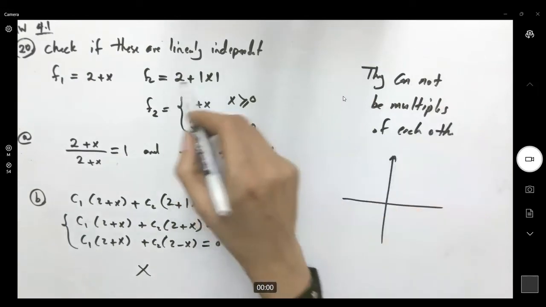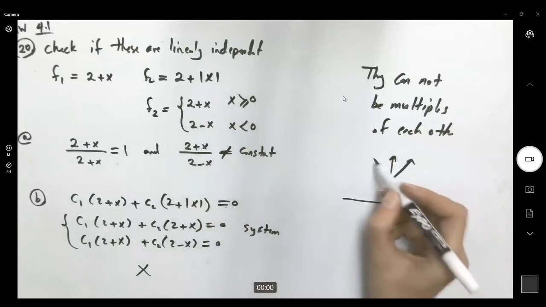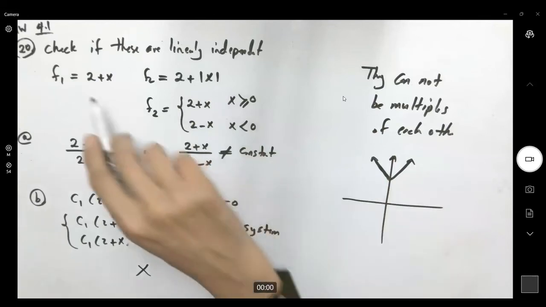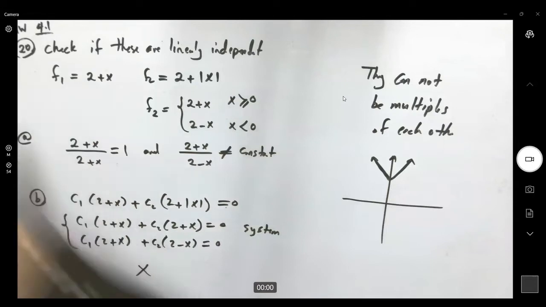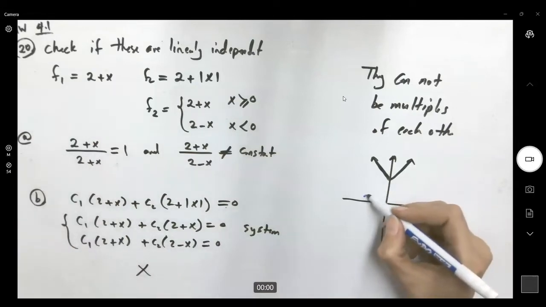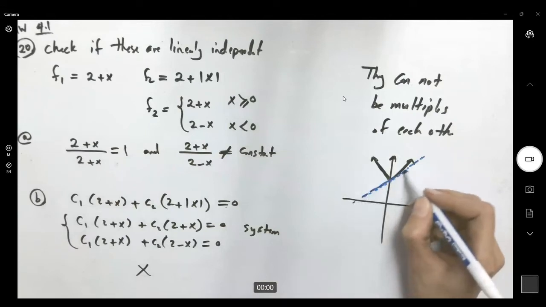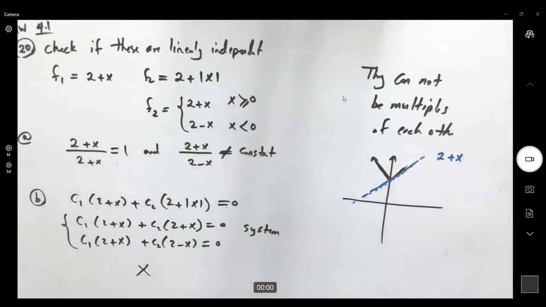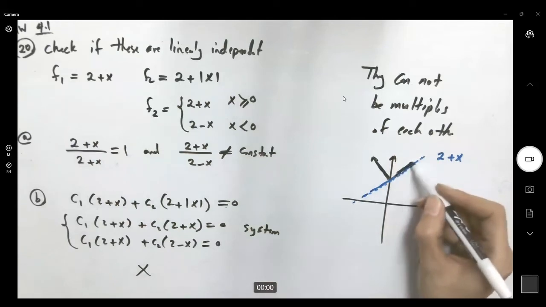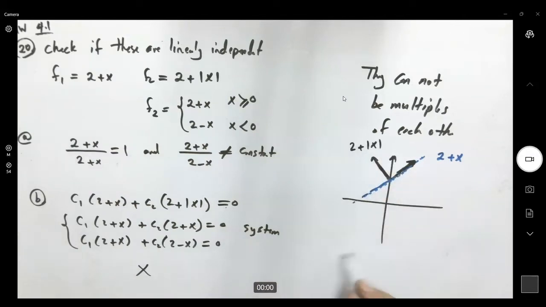The graph of 2 plus absolute value is just a vertical shift, 2 units upward, and the other one is just 2 plus x, which is going to be this portion. There is no way these two can be multiples of each other. This is 2 plus x, and this is 2 plus absolute value of x. So they are linearly independent.